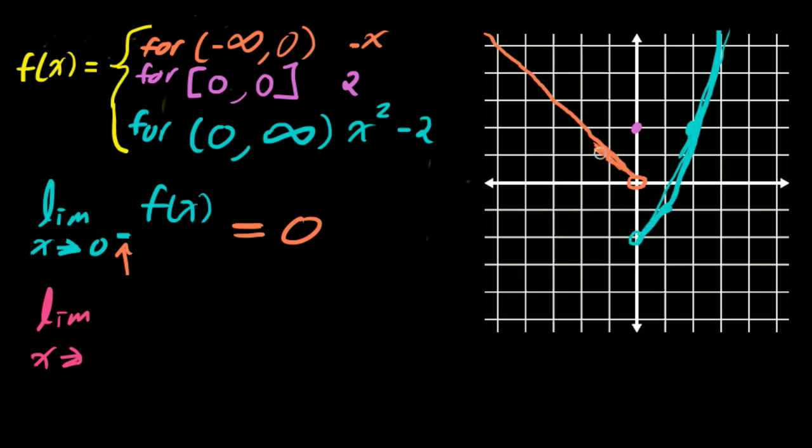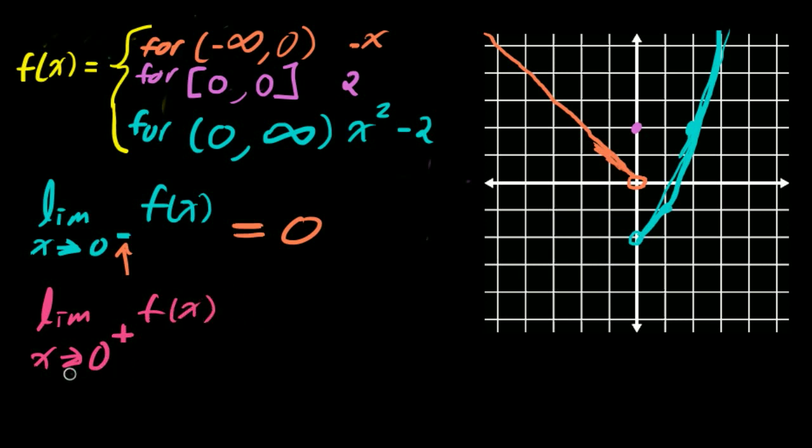I don't want to take into consideration the values that are a little bit less than 0. And you can probably imagine that notation is going to be the limit as x approaches 0 from the positive side. And that's how we notate it. Limit as x approaches 0 from the positive side of f of x.